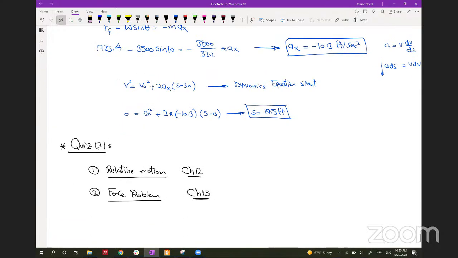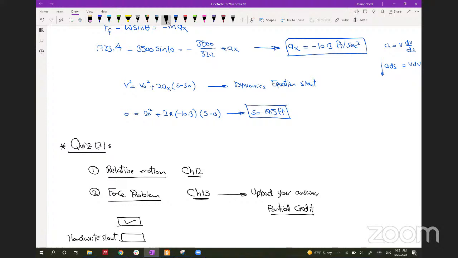And in this problem, you will be asked to upload your answer, because there will be partial credit if you didn't get the right answer. So you will be asked to put a final solution, and you will be asked to put your handwritten solution, and the handwritten solution will have 10 points.